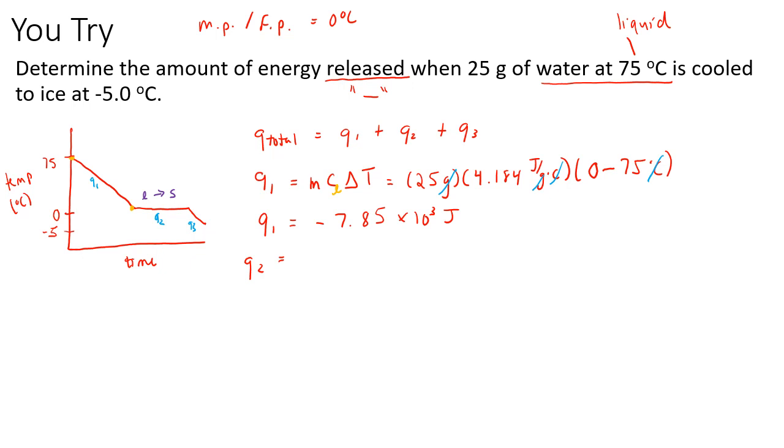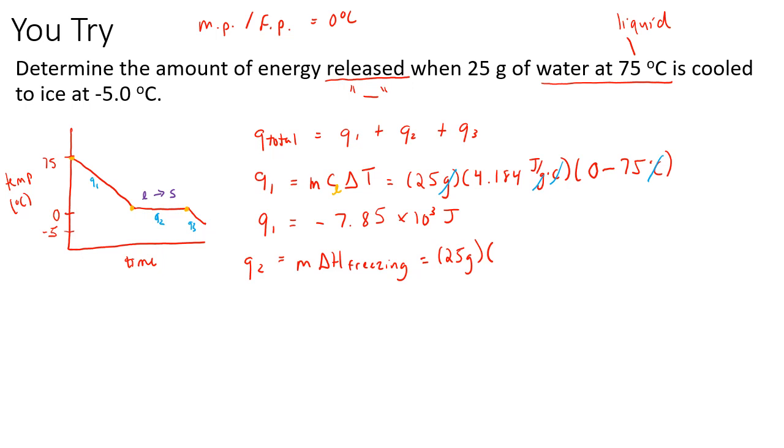Q2, this is going to be associated with the freezing phase change. We have liquid water at 0 degrees Celsius, and we're changing it to solid water still at 0 degrees Celsius, so no temperature change here. We're going to use M delta H of freezing. The mass is 25 grams, that never changes.